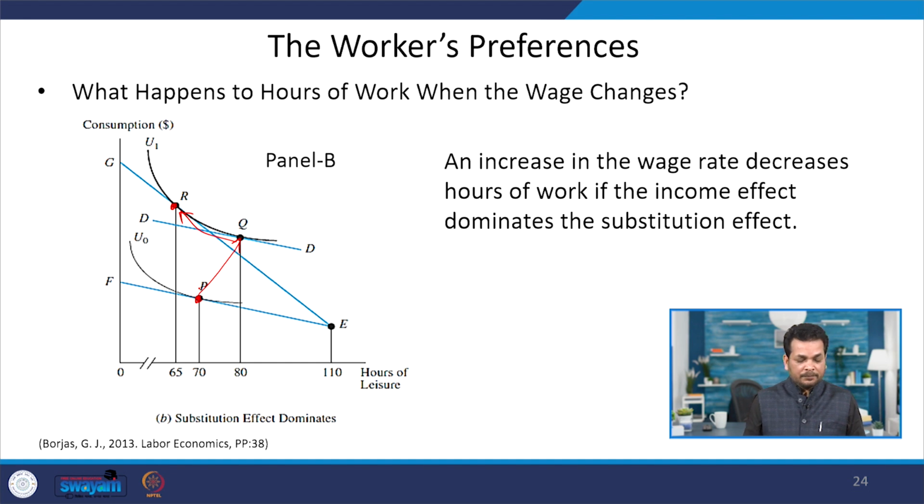Now, after the increase in the wage rate from 10 to 20, he moves from P to R. This happens through point Q. Moving from point P to Q is the income effect. In this case, the income effect increases the leisure hours by 10 hours.